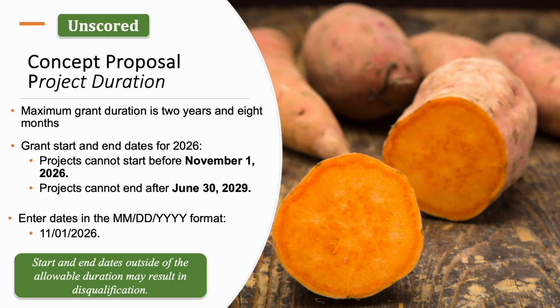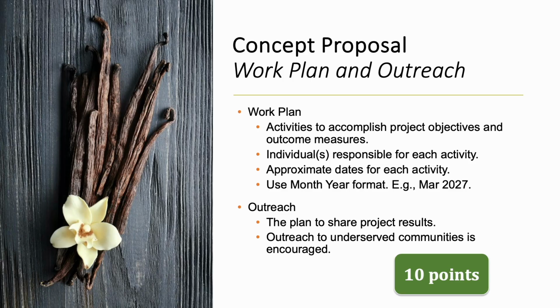We won't assume that dates outside of this range are a typo, so please double check this before submitting your application. Please note that no cost extension beyond June 30th, 2029 will be allowed. This question is unscored.